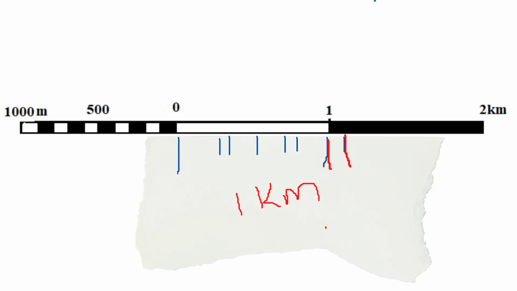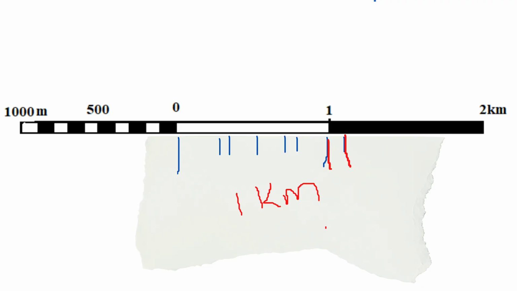Now, after we have marked off all the points on our paper, it is time for us to measure the distance along the scale. So we're going to place our paper along the line scale, and we always start at 0.